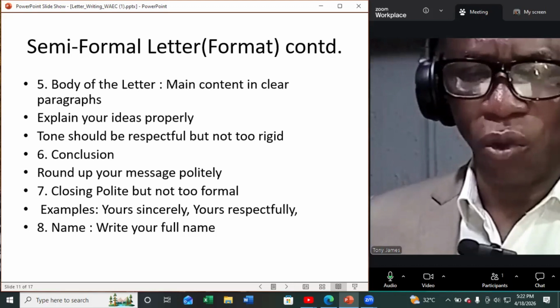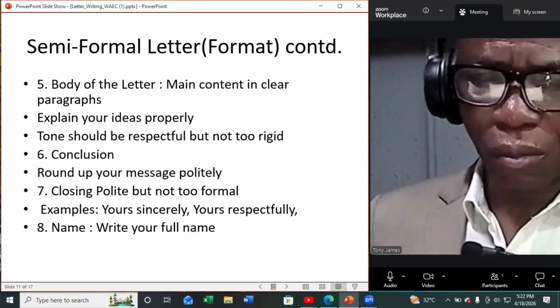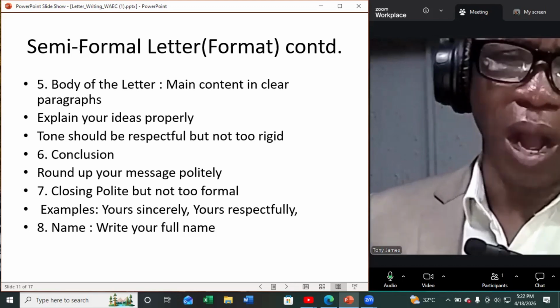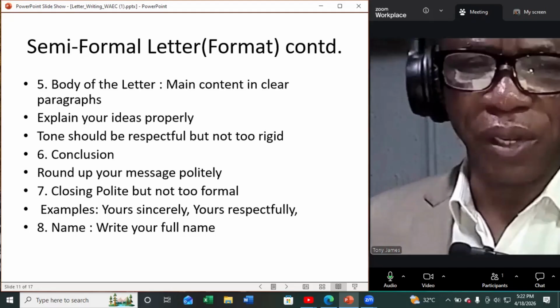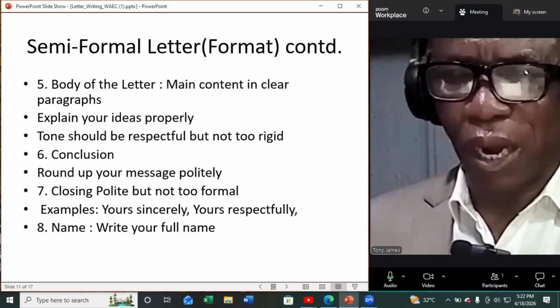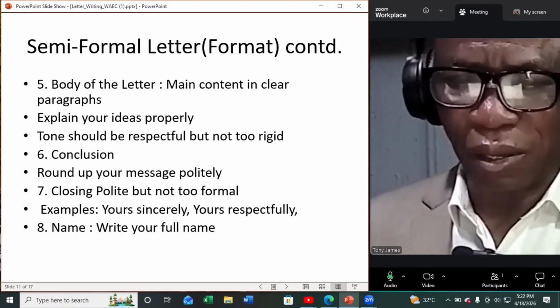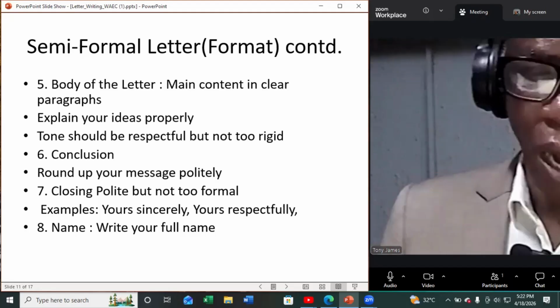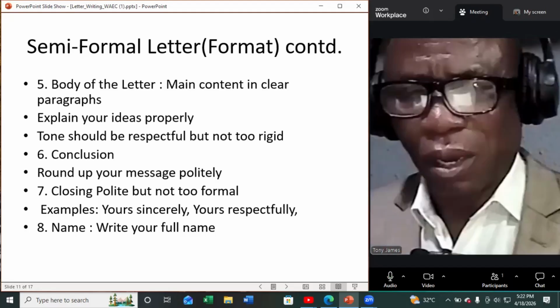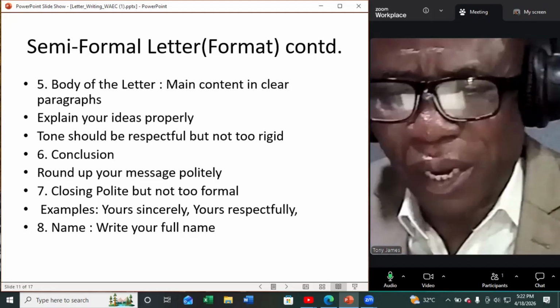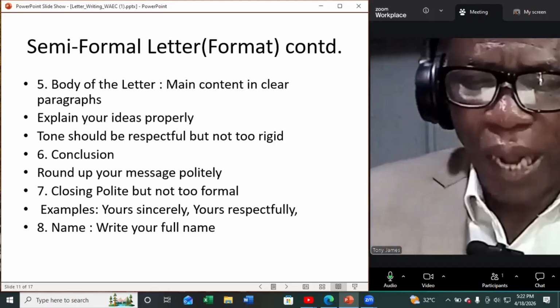Then you come to the conclusion. The conclusion is how to round off everything. It has to put everything together and summarize. And the language has to be polite. If you are making a request, you make it politely.